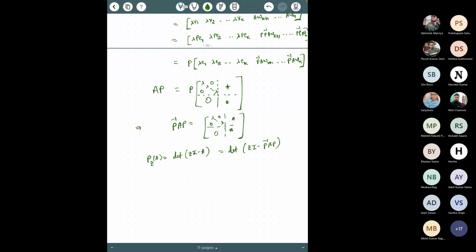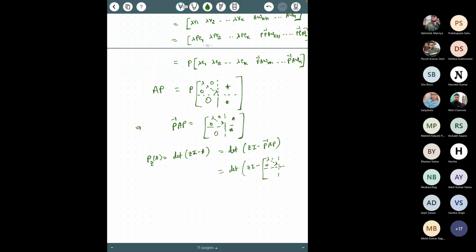So the characteristic polynomial of A is the same as that of P inverse AP. It is the determinant of zI minus this matrix, where lambda is in the first k cross k block, and then this one.